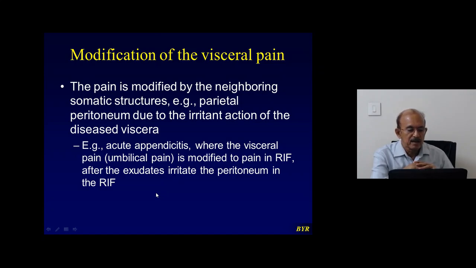There is one theory. Did you hear of gate theory? Gate control theory. That is right. So there is a theory called gate control theory. When two pains are there, the patient feels only the severe pain and not the less severe pain.